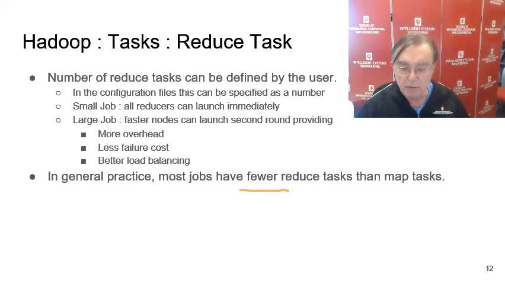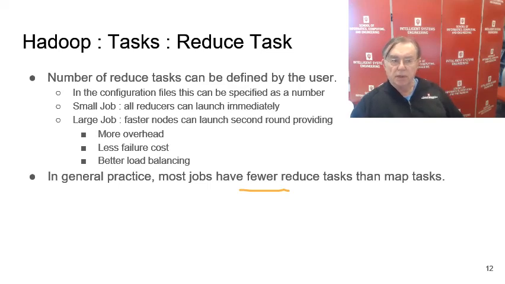In general, it requires fewer reduce tasks than map tasks, although in the highest performance implementation, MPI, there are exactly the same number of reduce tasks as map tasks. But Hadoop has a much stronger separation between map and reduce than MPI. In MPI, they're all merged together, which makes this efficient.